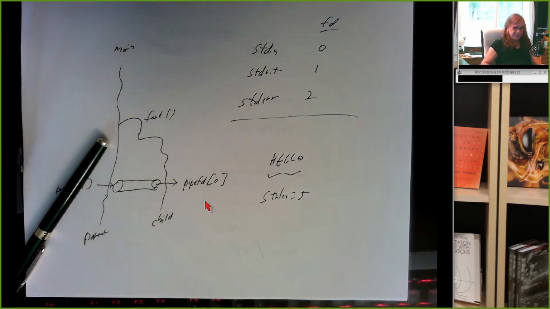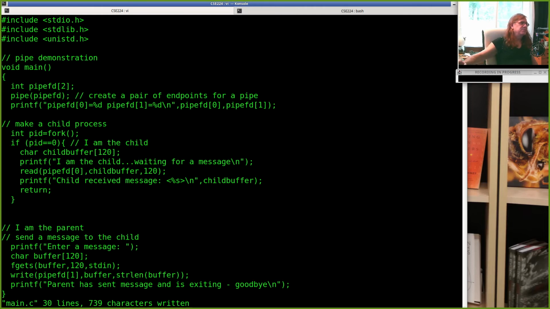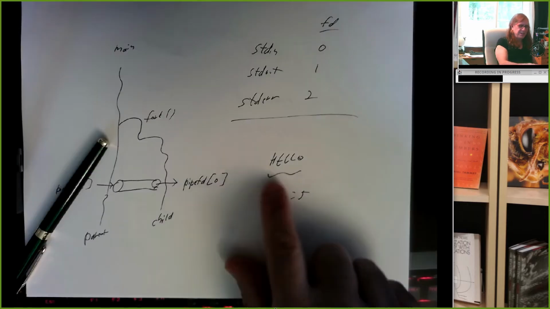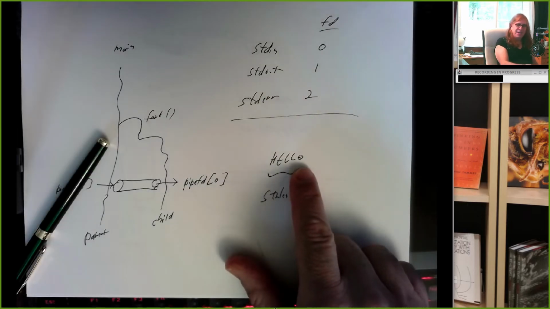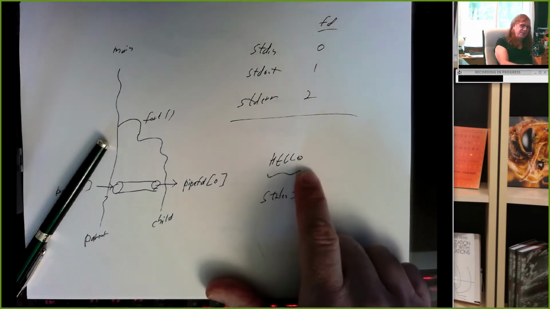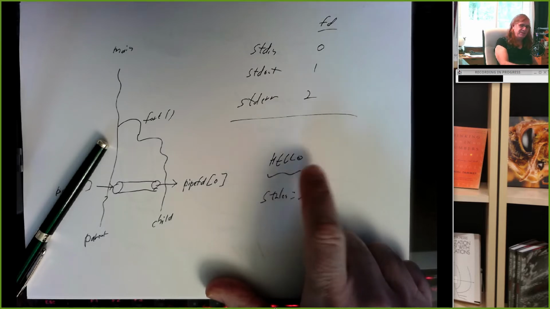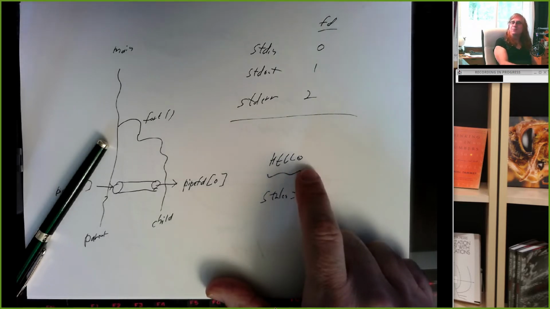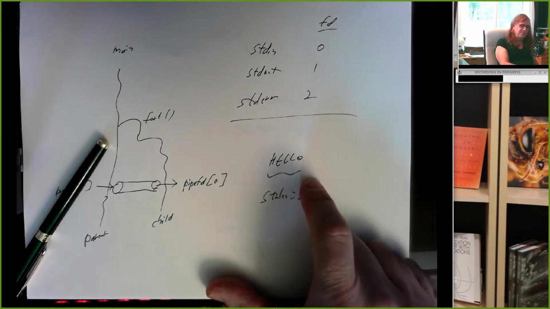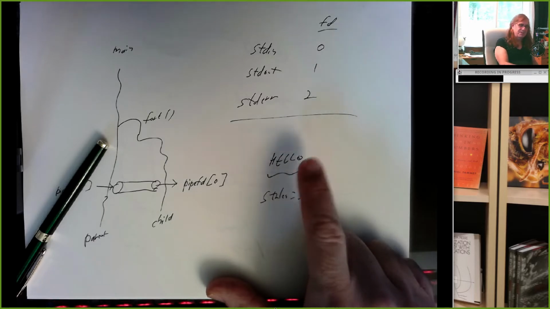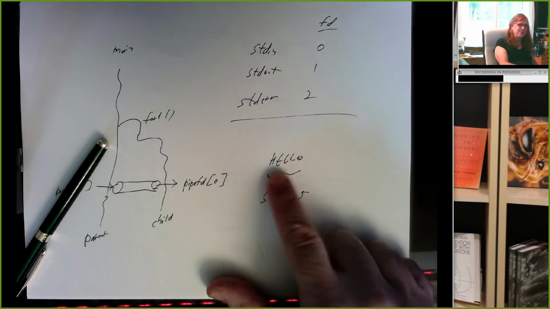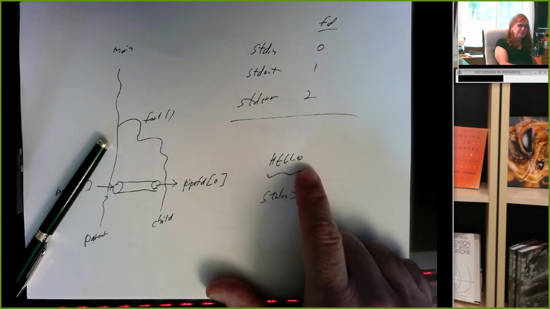If on the parent side I decide I'm only going to send 5 characters, all I'm sending is HELLO. And on the child side, it will read HELLO. If I try to use that as a string, I might have a problem. Right? I really want to send 6 characters because I want to send that null terminator as well as the HELLO.